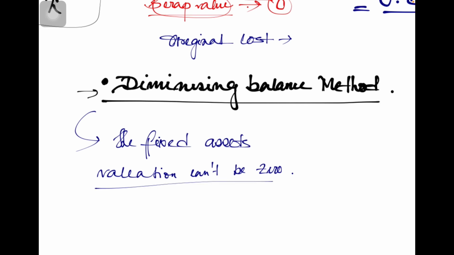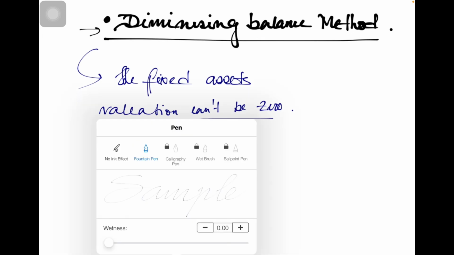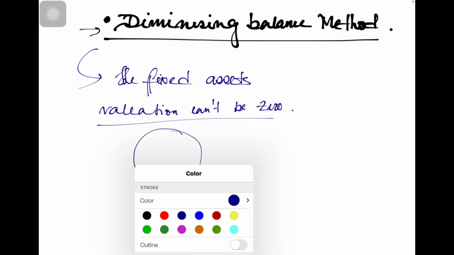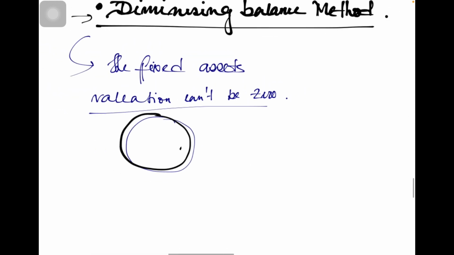And every year we believe that, suppose this is the machinery. Let me roughly sketch it. First year depreciation is this. Second year is this. Third year is this.